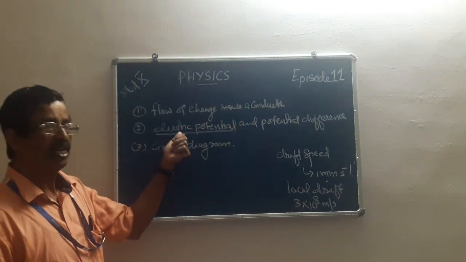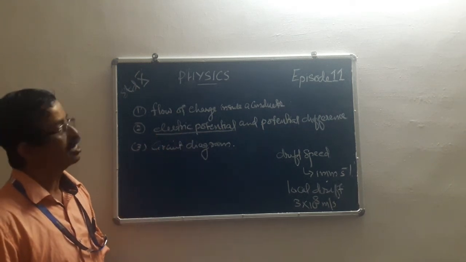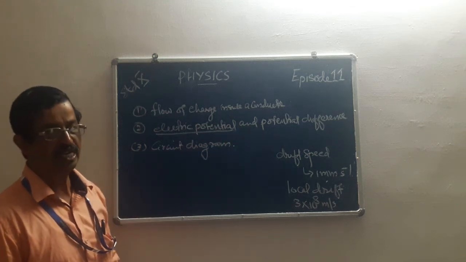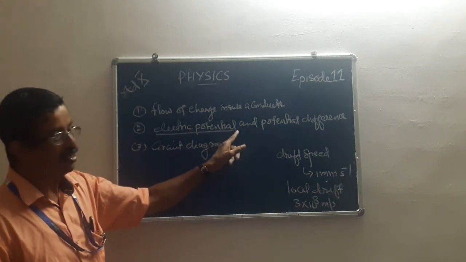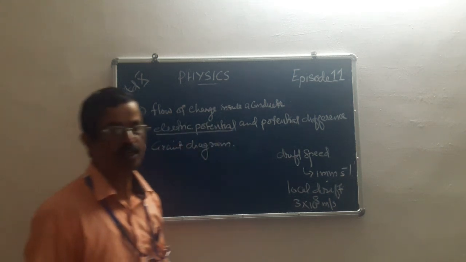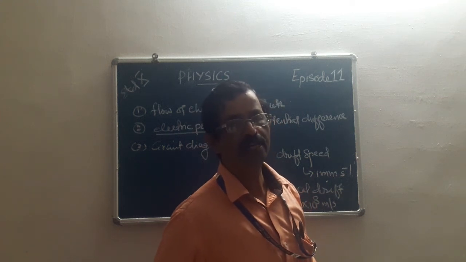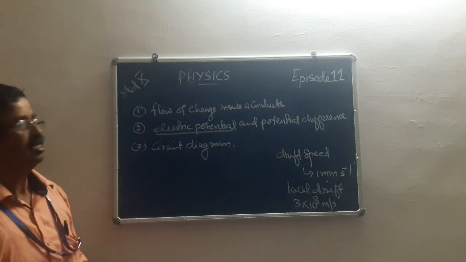Similarly, electrons move from high potential to a lower potential region. Electric potential is the work done to move a unit charge from one point to another.